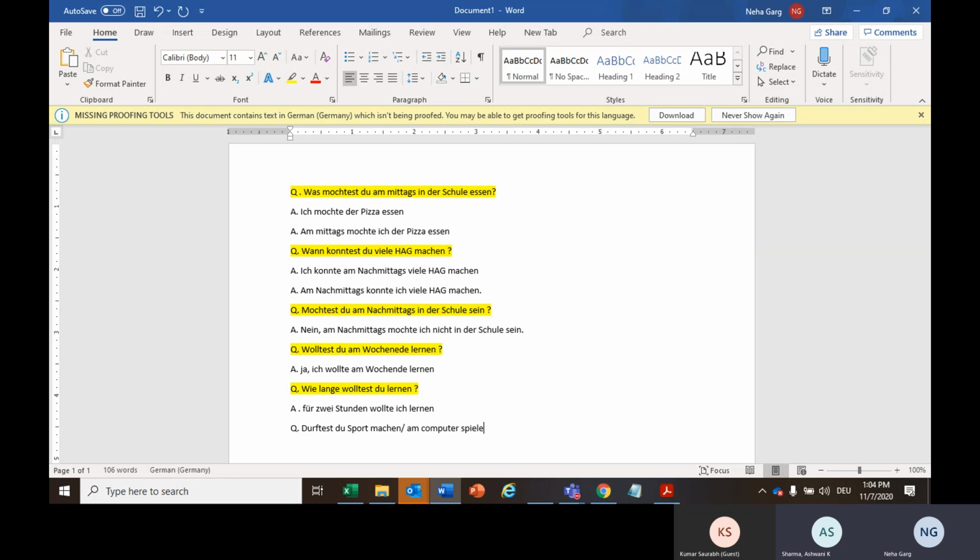Yeah. We say sports, or sports means Sport. Not sports, but Sport. So SP will give sh sound. But only S will give the s sound, like sechs, sieben, aber Sport, SP, and then spielen, SP again, and then Spaß. So SP gives sh sound. Spielen, Sport, Spaß. Right.